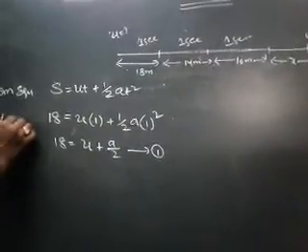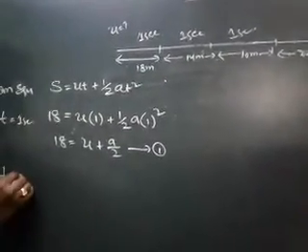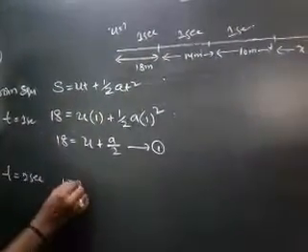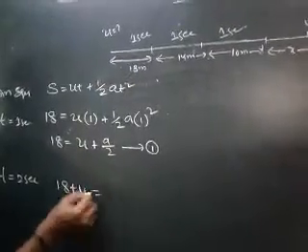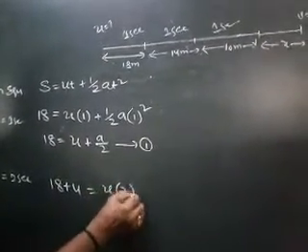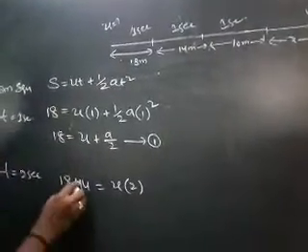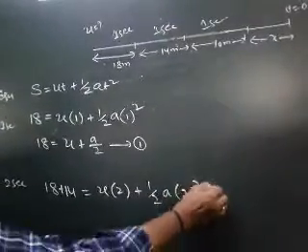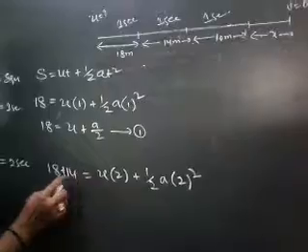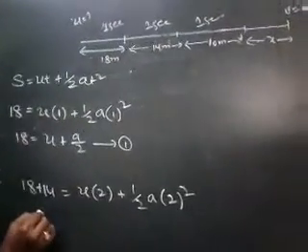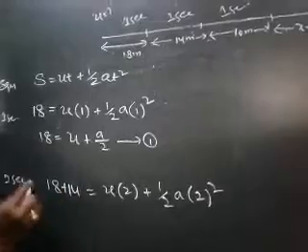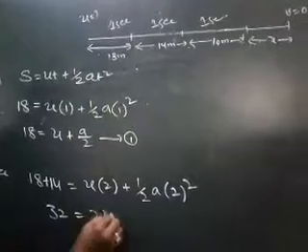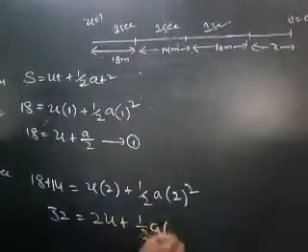So t is equal to 1 second. Next, t is equal to 2 seconds. Then 1 plus 1, that is 18 plus 14, total distance, is equal to u into 2 plus half into a into 2 square. Therefore 18 plus 14 is 32, that is 2u plus 1 by 2 into a into 4.